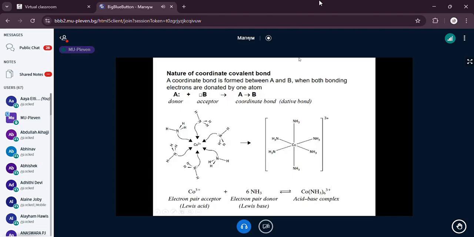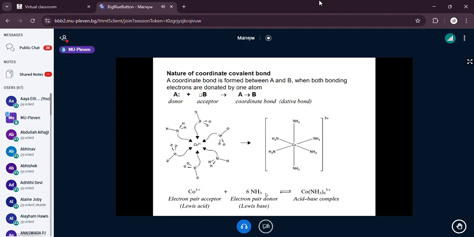Usually, one of the species participating in such a type of bonding donates an electron pair, and the other behaves as an acceptor of this electron pair. And as a result, they form a bond. We already discussed how this type of bonding is realized. For example, a cobalt 3+ ion, a metal ion, interacts with 6 ammonia molecules.